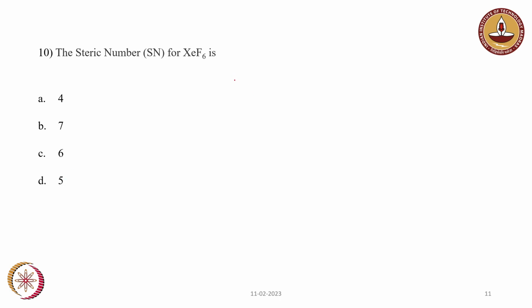In xenon fluoride, xenon is the central atom, and it has 8 valence electrons, and it forms 6 bonds with 6 fluorines: 1, 2, 3, 4, 5, and 6.